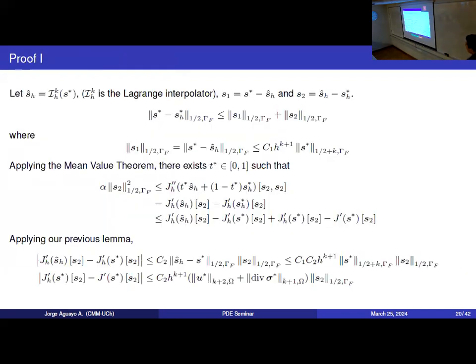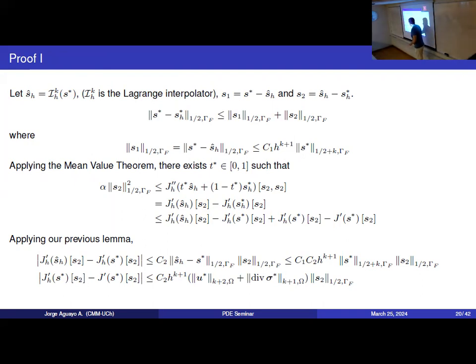And the proof is very generic in the numerical sense. We are separating this into 2 terms using the Lagrange interpolator. So the first term is just an interpolation error, but the second one depends only on the discretization.